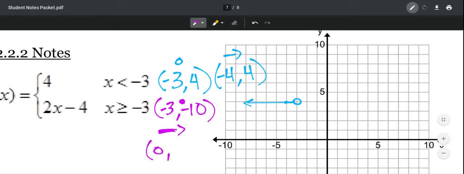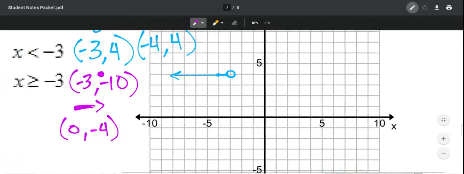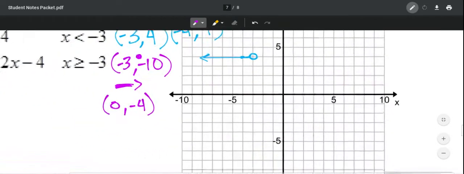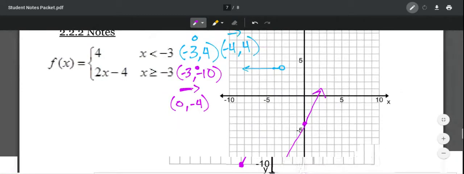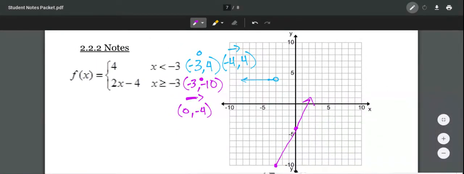And sometimes I like choosing 0. 2 times 0 is 0, minus 4 is -4. So -3, -10 is way down here, and that's a closed circle. And then 0, -4 is up here. So there's my arrow. So that is graphing a piecewise function.